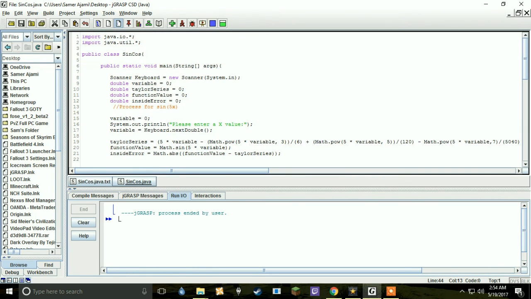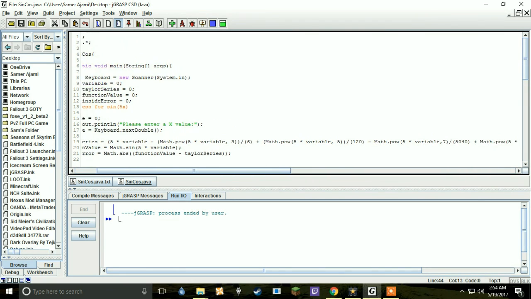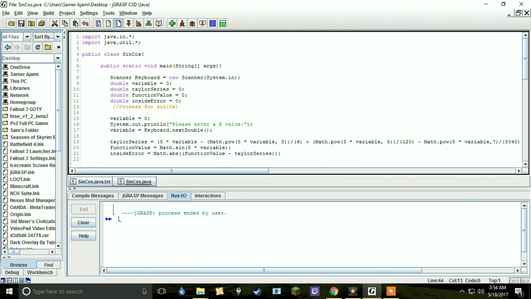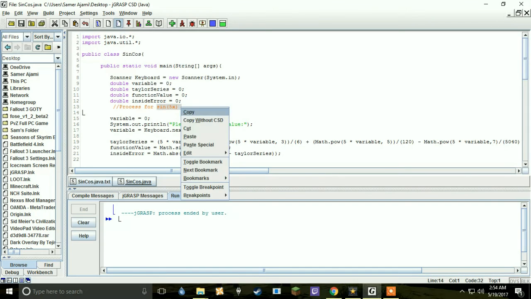Alright, it's 3 a.m. Welcome back. We're going to go through this program. It's Java. You all know it. Here's a bunch of variables. They're going to store stuff. It's asking us to enter an x value. Oh, look at that. We've entered it. Now it's calculating the Taylor series for this type of sine. There's a 5x instead of just a 5. Look, you can see it's there.